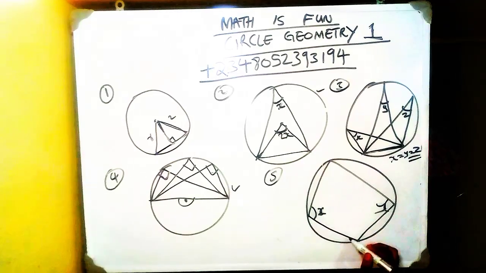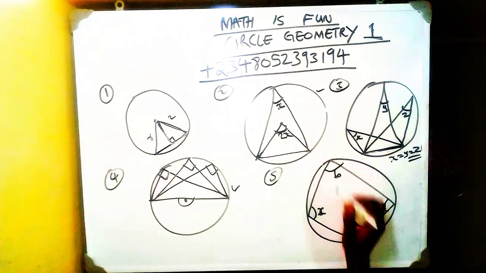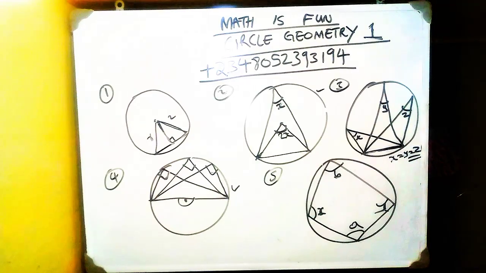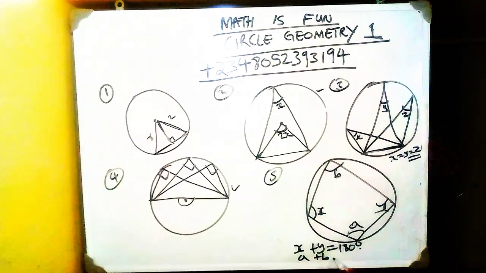These are opposite angles. Let's say here is A and here is B. Supplementary in mathematics means adding up to 180. So from that law, x plus y equals 180 degrees. At the same time, A plus B are also facing each other, giving us 180 degrees.